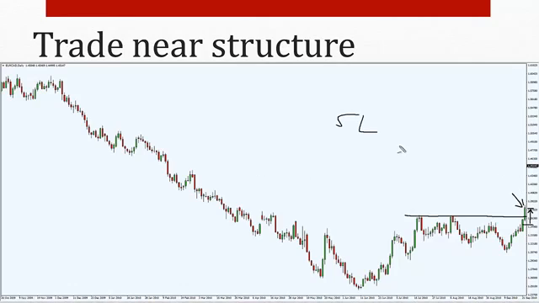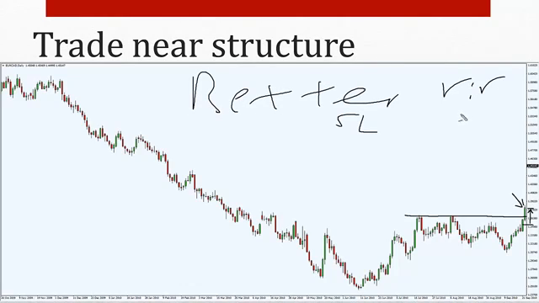This is a much tighter stop loss to use compared to the earlier example you saw. With a much tighter stop loss, it will give you a better risk to reward, because price doesn't have to move a lot in your favor before your R multiple starts going in your favor. Look at this distance. When price moves equally this much, say for example, it moves this much in your favor, you get almost a 1-to-1 risk to reward, or even slightly more than that.